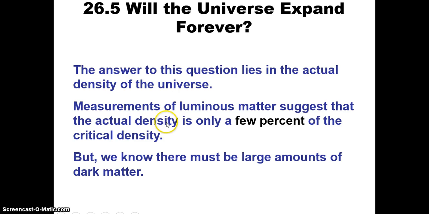But you use the cosmological principle that the universe is homogeneous. If you look at large enough scales, the universe is basically the same, and also isotropic. When we do this, we find that we only come within just a few percent of this critical density.